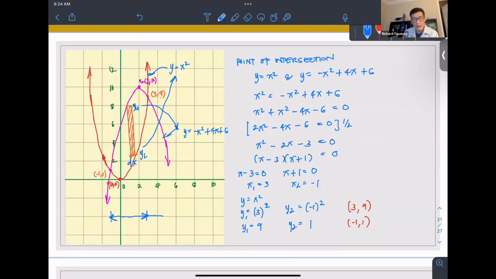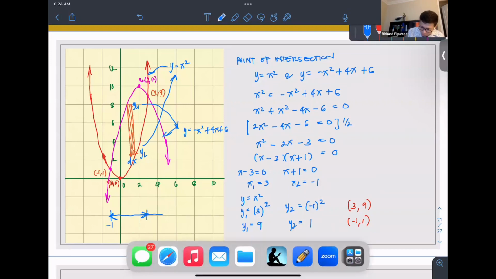So since this is dx, we just get the x coordinate of the ordered pair. So what are those? That will be from -1 to +3. So this is the -1, then this is +3.